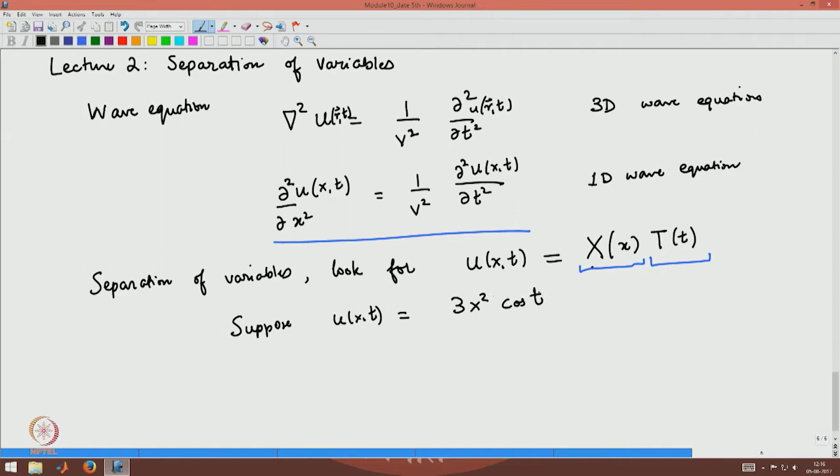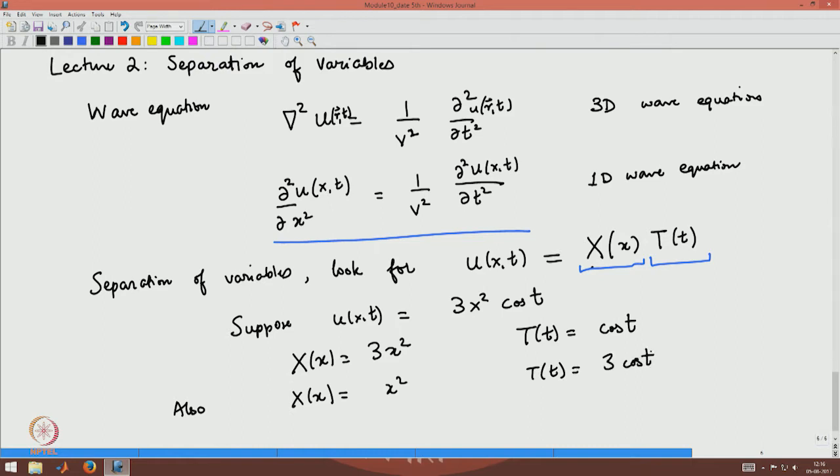Then we can choose X(x) equal to 3x², and T(t) equal to cos t. You could also say X(x) is equal to x², T(t) is equal to 3 cos t. So you can do various other combinations.